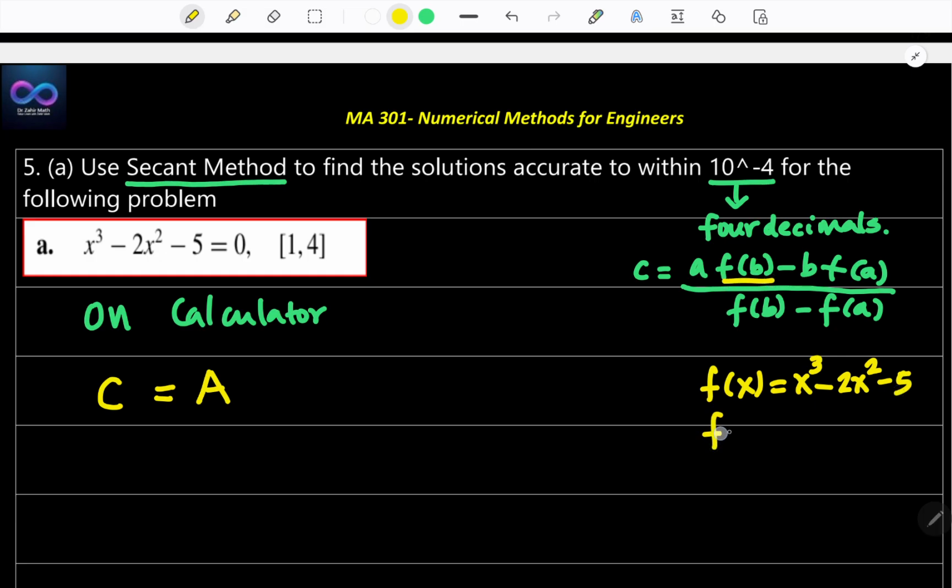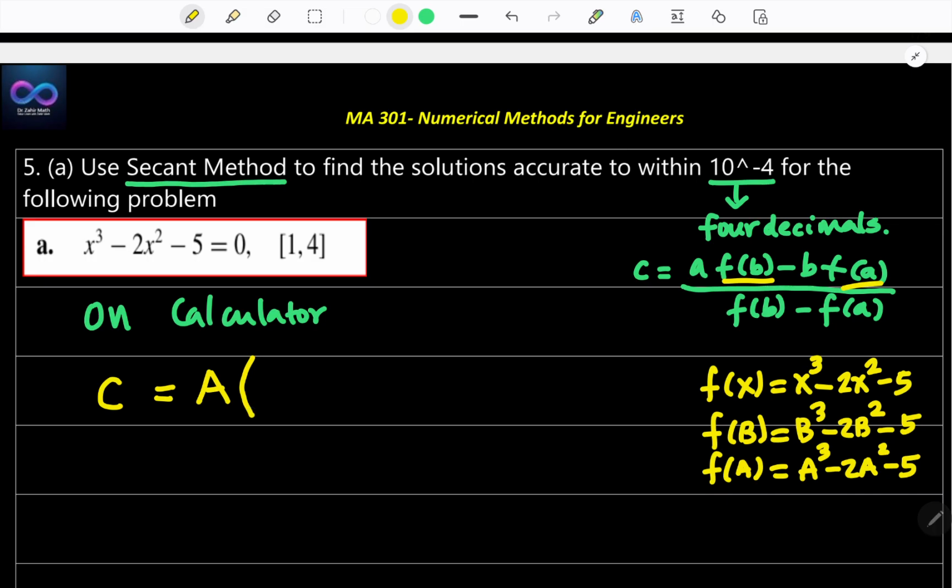Your f of b is b cube minus 2b square minus 5. Your f of a, with capital A, is a cube minus 2a square minus 5. So A times f of b, that is b cube minus 2b square minus 5, close the bracket, minus capital B times f of a, that is a cube minus 2a square minus 5.